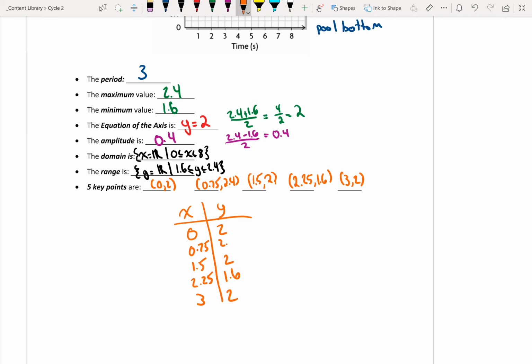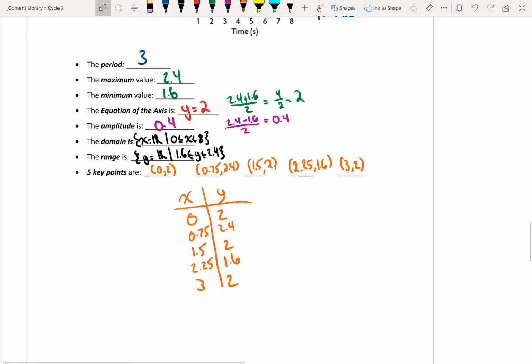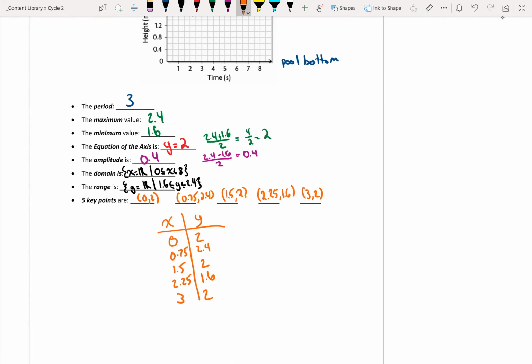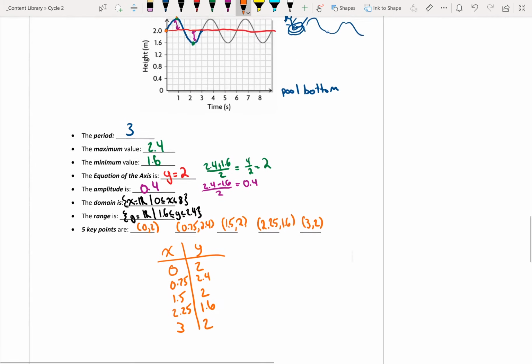So basically I'm just taking the idea, because I know that the maximum is going to be a quarter of the way through, and the minimum will be 3/4 of the way through one cycle. That's what I'm basing those values off of. So if I know the start, the end, and the middle, I can figure out the other two.